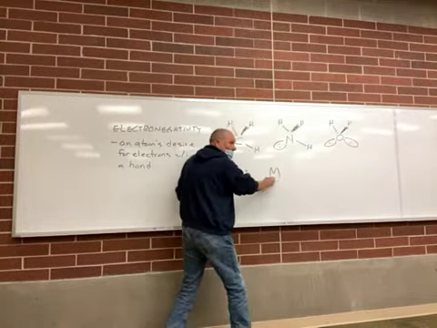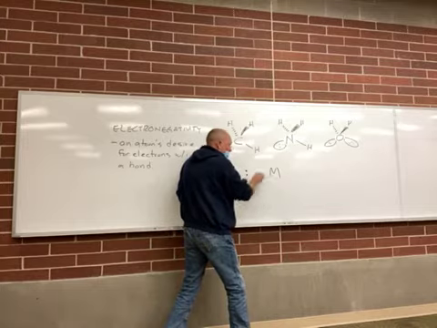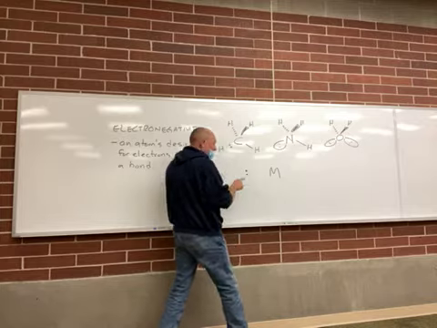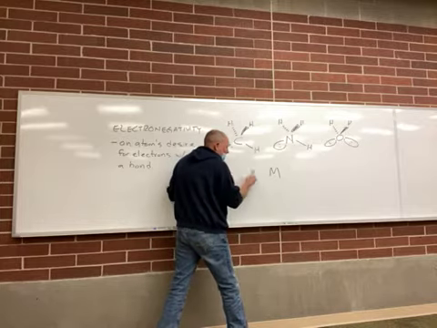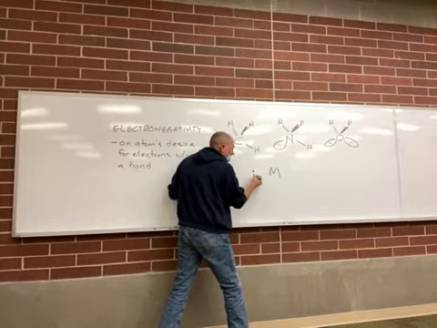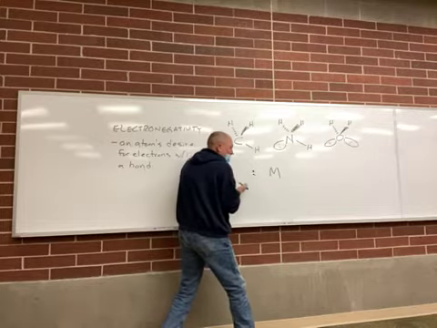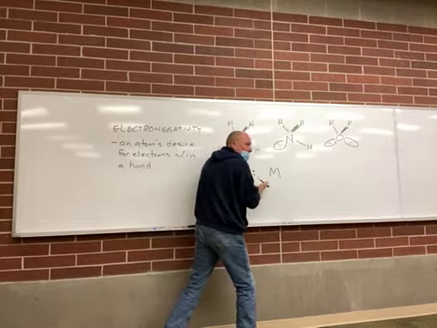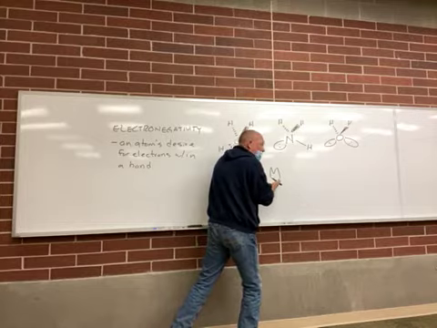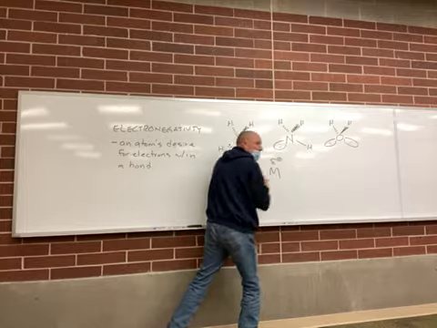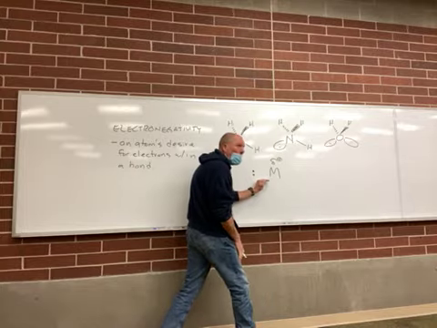If I'm sharing equally, those electrons are not going any direction. But watch what happens. As those electrons begin, let's say M wants the electrons more than X, notice now what's happening. The electrons are going towards the M, causing this to have a partial negative charge. Why?